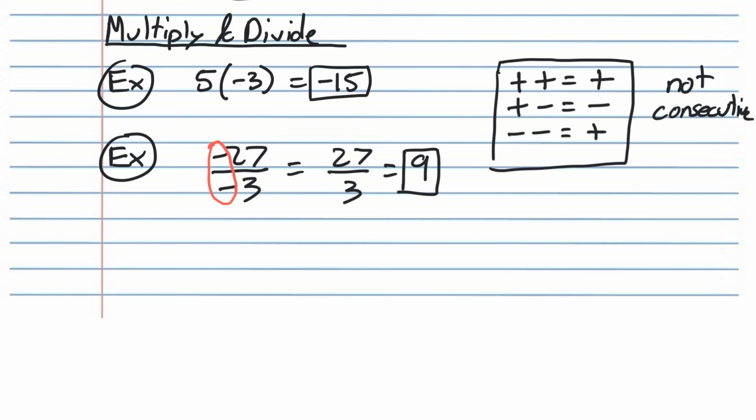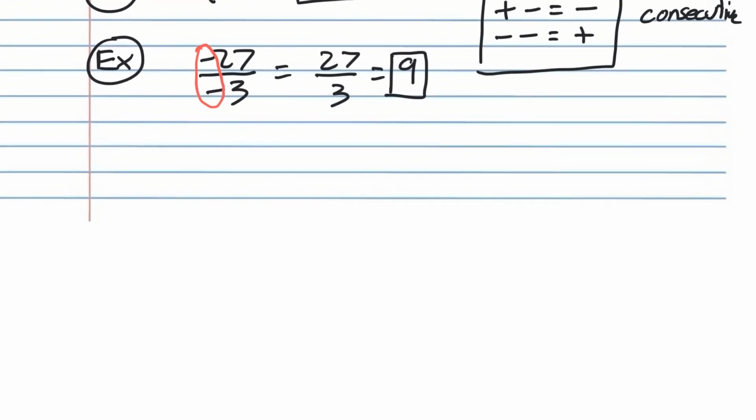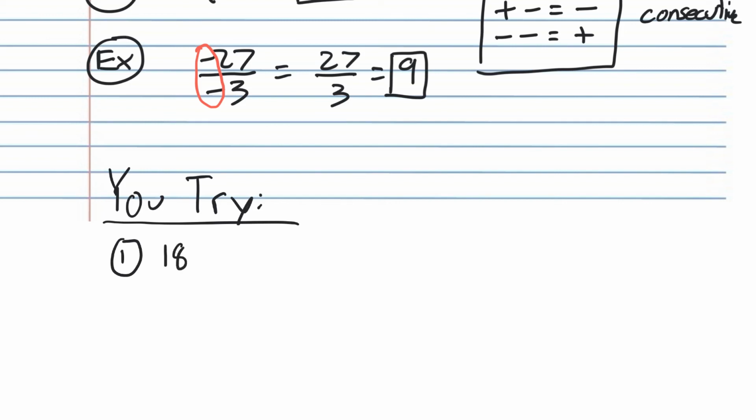Okay? At this point, I would like you guys to try some questions on your own. So find some space, and the questions I would like you guys to try, we'll write them down here. There's 4 of them. Number 1, 18 minus 32.